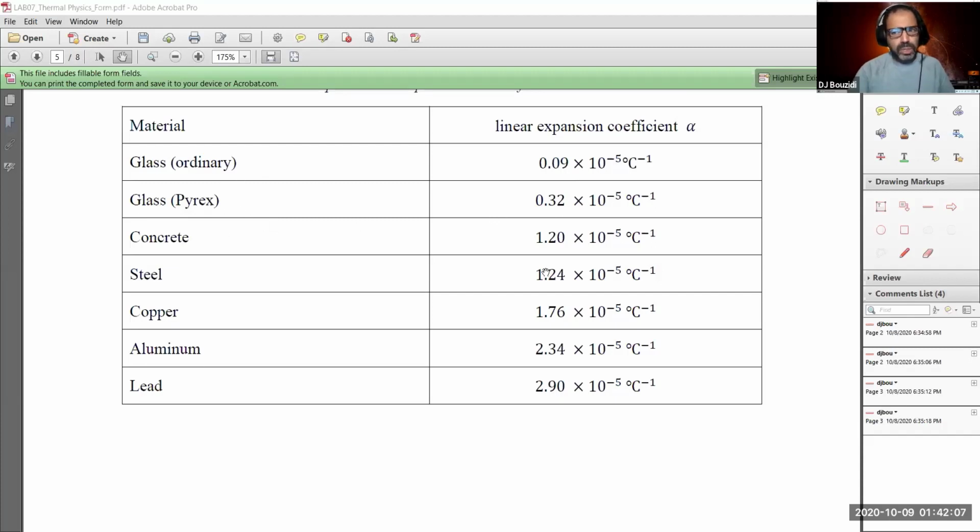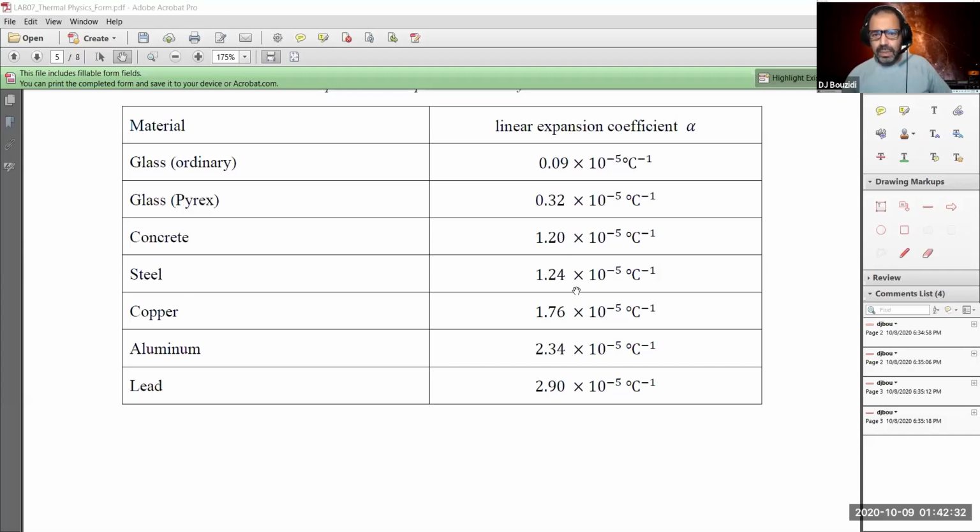Concrete, which is important as an engineer, I mean, civil engineer, you deal with this substance a lot, okay? You build buildings and things like that, and you have to be careful with the difference in temperature between cold winter, especially in the Midwest, not in here as much, and the hot summer. There is a big difference in temperature, and concrete will expand too. All materials do that too. So this is its alpha.